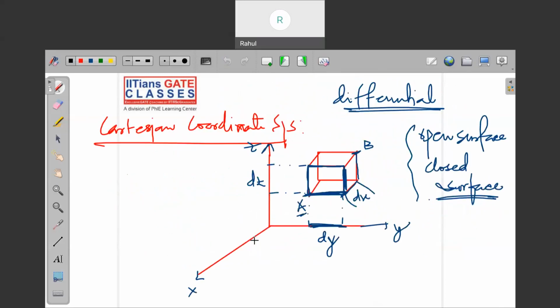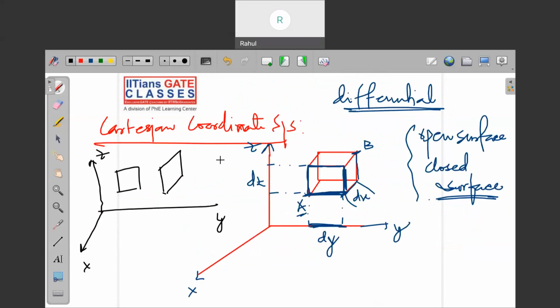So you can take one part at a time. Let me draw here, this is x, this is y, and this is z. If we take this part of the cube, and if we take the upper surface, like this, now you can see the direction of this surface.